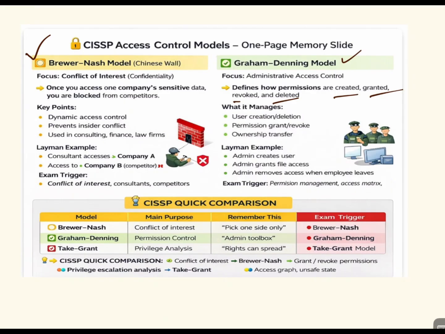A layman example: the admin creates a user, the admin grants file access, the admin removes access when the employee leaves. So there is a proper employee life cycle. You grant them the rights and permissions, and when they leave the company or change departments, those permissions are revoked, right?